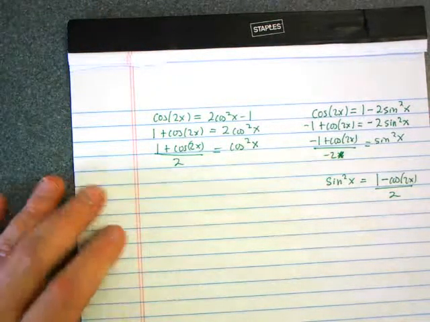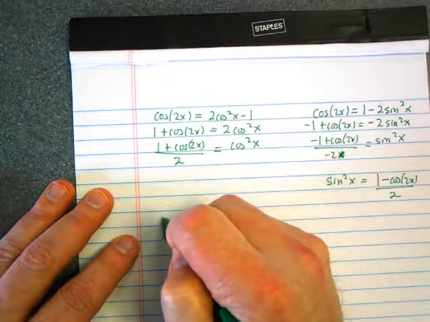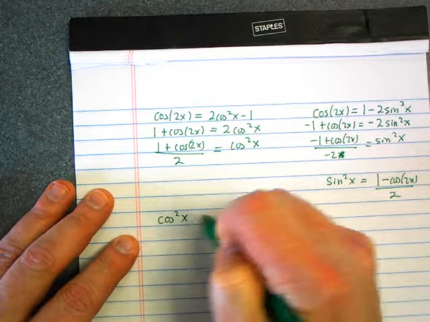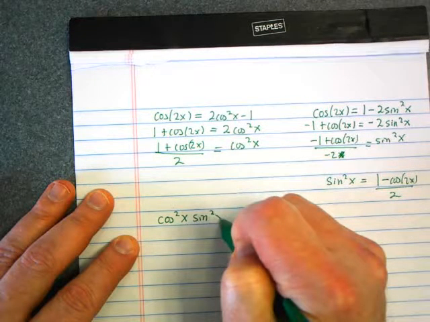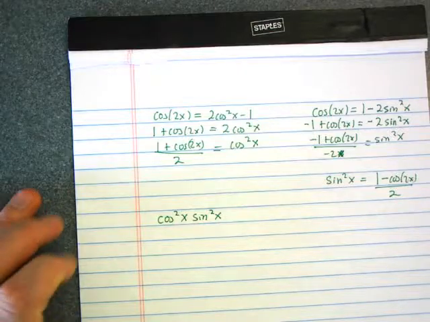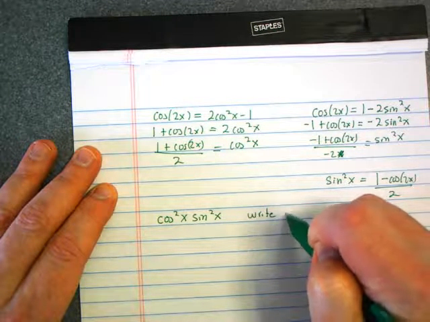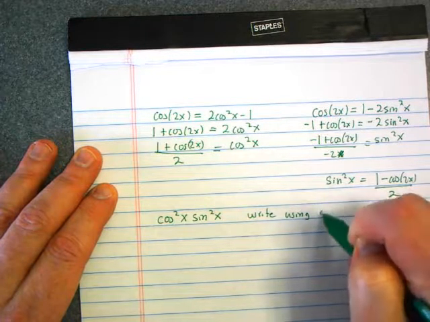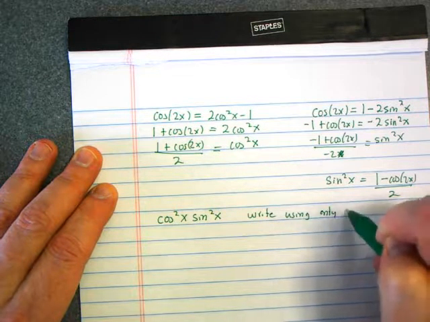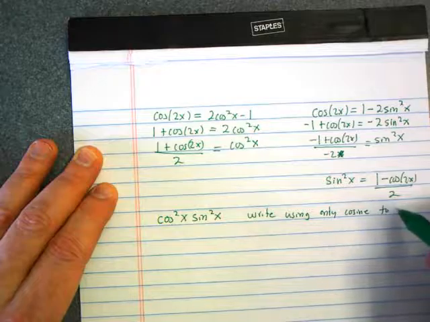So you might have a problem like this: cosine squared x, sine squared x. And the directions will be: write using only cosine to the first.